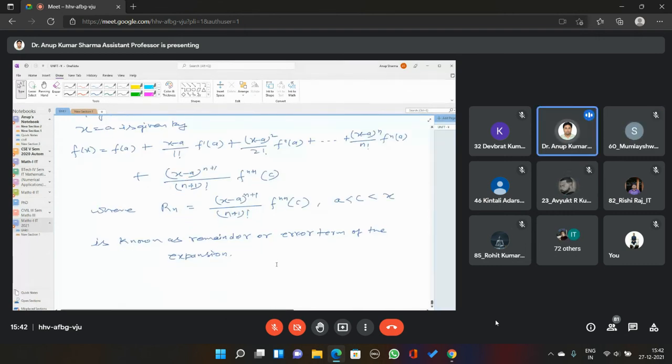So can you tell me about the interval? The interval is here 0 or x is not 0. Wrong. It is A and X. And there is the C, which is below X.